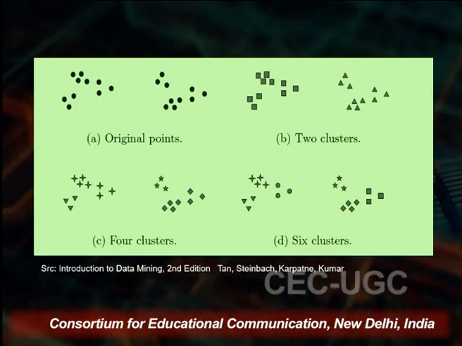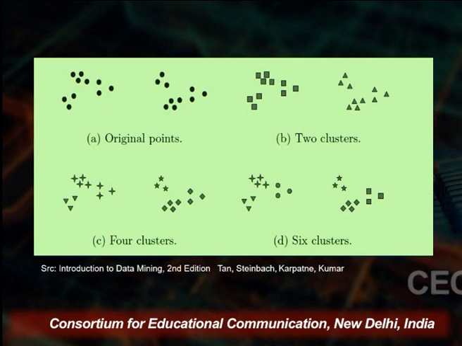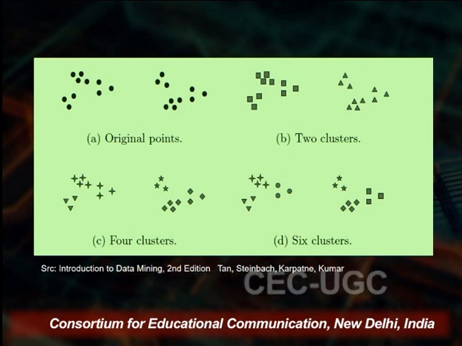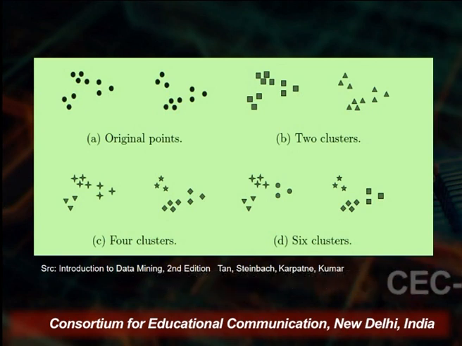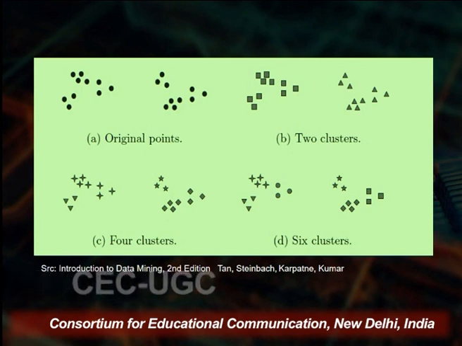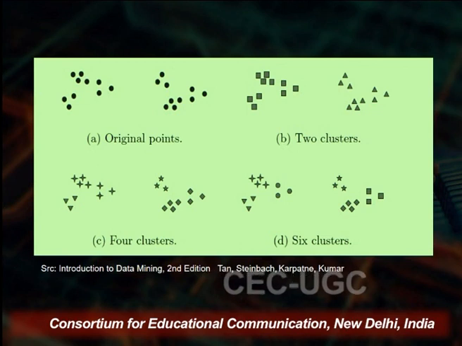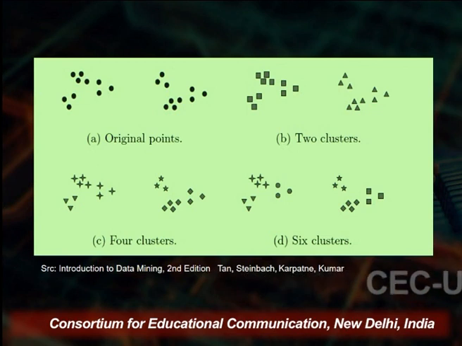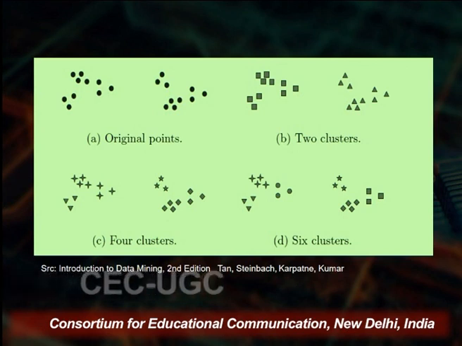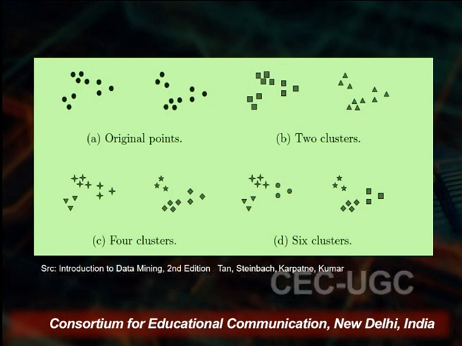So if we look at this diagram, it is very clear that picture A represents the original points. So we are looking at simple dots here, and out of these dots we are going to create clusters. So first in part B we can see that 2 clusters have been created. Now each of those clusters has been subdivided and 4 subclusters have been created, and then from those 4 subclusters 6 subclusters have been created.